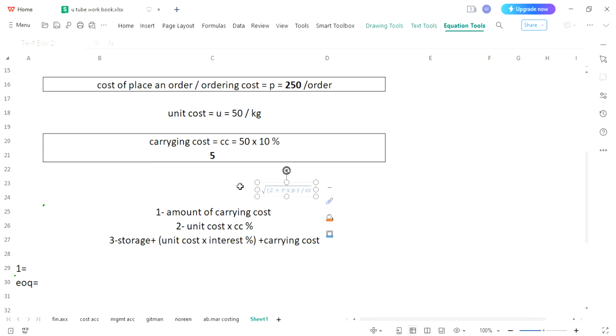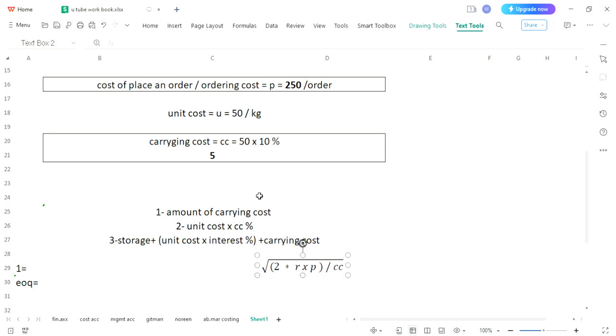And from here, I will change its size. I was actually attentive to the question, that is why I said EOP. Actually it is EOQ, economic order quantity. So the formula has been completed. We are taking it exactly where we want to put it.